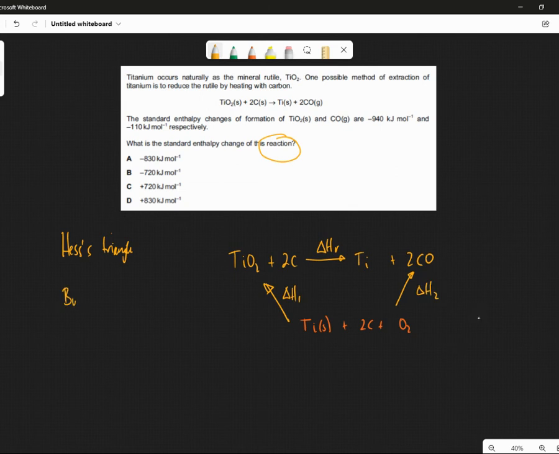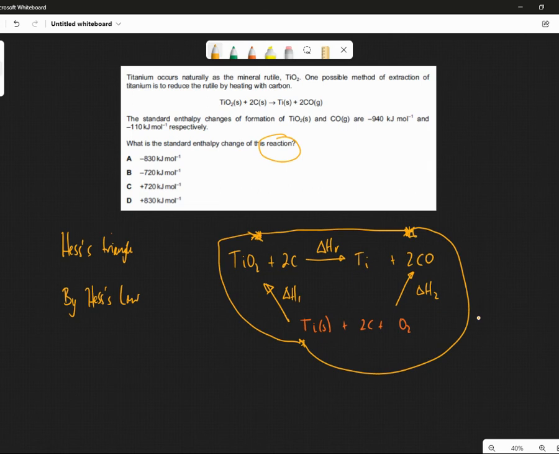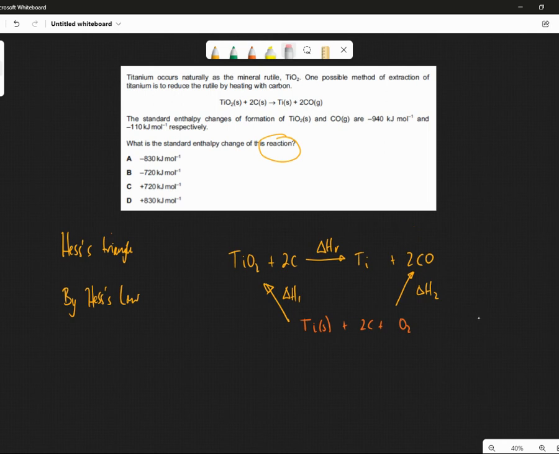Now, by Hess's law, from here to here must be the same as from here to here to here. Does that make sense? Do you all understand Hess's law? What I'm trying to say is it doesn't matter how you get there. If you start at the same place and finish at the same place, it's the same energy. Does that make sense? I hope it does.